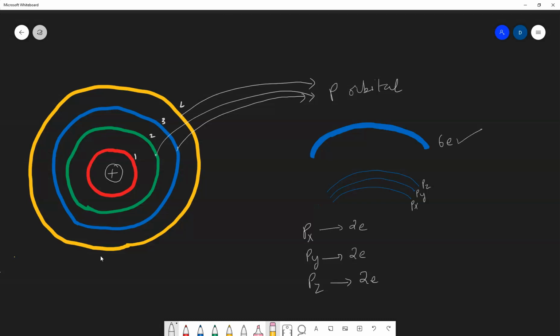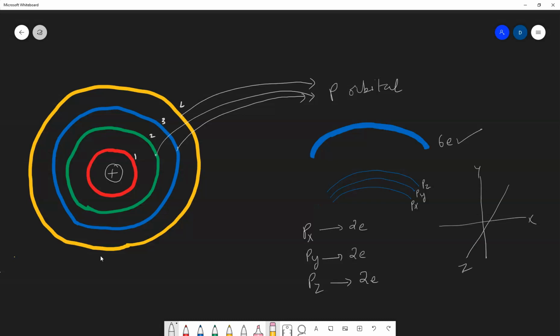What scientists came to know is that the p orbital is actually not just a single orbital; there are 3 p orbitals. They are named px, py and pz. These names come from the geometry x, y and z axes.